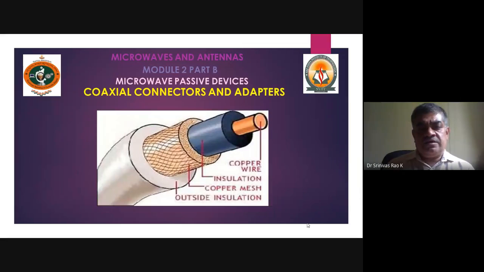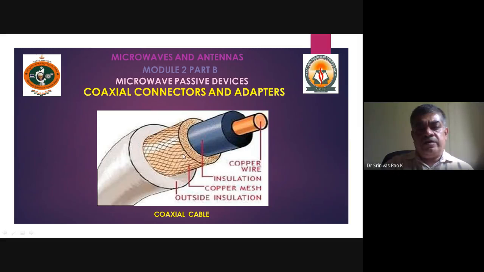So this is a coaxial cable. You can see a simple coaxial cable here. This is the core, the copper wire. You can see a small round core of copper wire. Then we have an insulation, this blue color is an insulation.